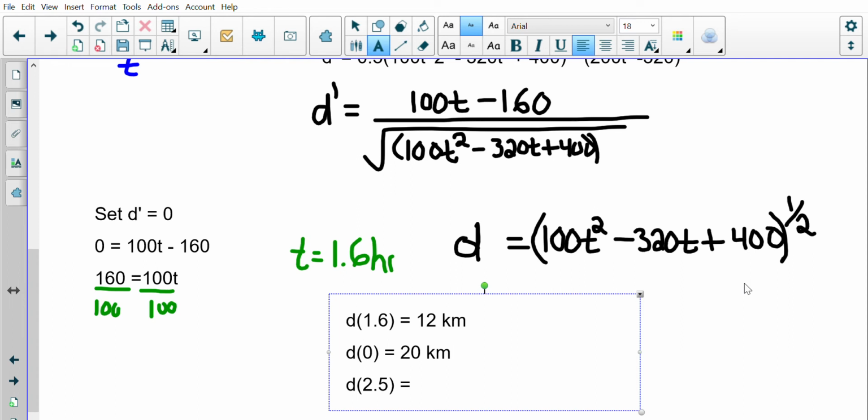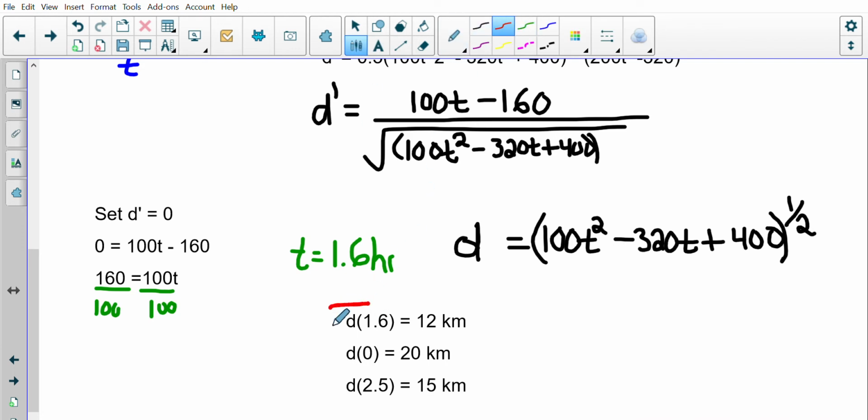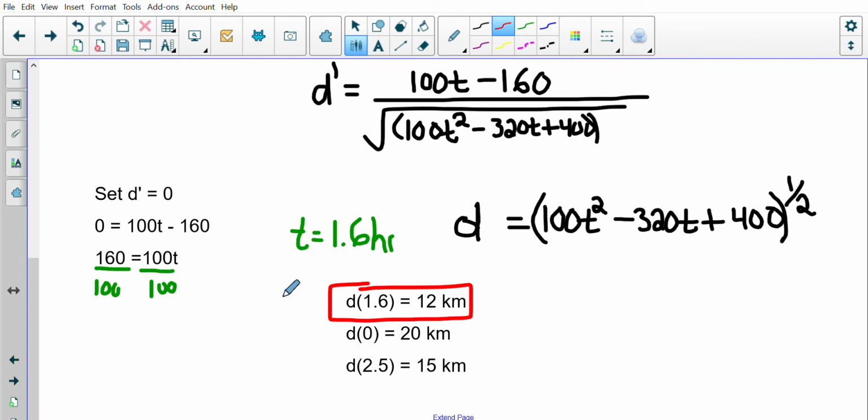Plus 400. So we get the square root of 225. That's what I'm getting at, and I get 15 kilometers. And so our minimum distance here is 12 kilometers after 1.6 hours, which is when they are the closest.